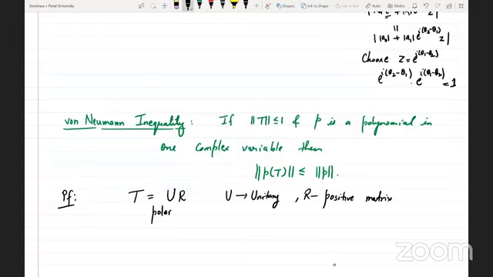Because it's like the complex plane decomposition. In the complex plane, any number z can be written as mod z times e raised to i theta. So e raised to i theta is the unitary part and mod z is the positive part. It's completely analogous to that decomposition of complex numbers.